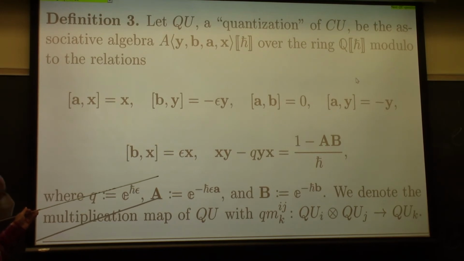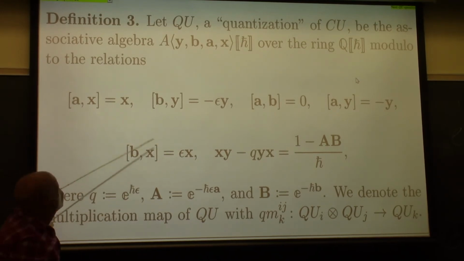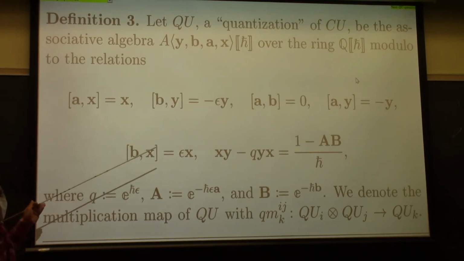Furthermore, the algebra is 4-dimensional, and the space of 2 by 2 matrices is 4-dimensional. So if the parameters are generic, it's going to be a faithful representation.